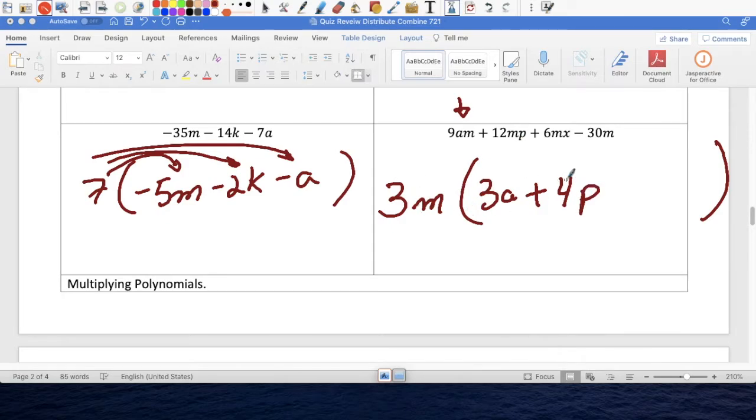So 3 times 4 is 12, mp. Check. 3 times 2 is 6, and then m tags along, and then I just add the x. 3 times 2 is 6, and mx is mx. Check. And lastly, 3 times 10 is 30, and then do I add an m? No. So it's just 10 there. So that checks out.